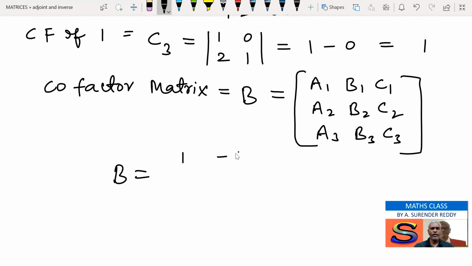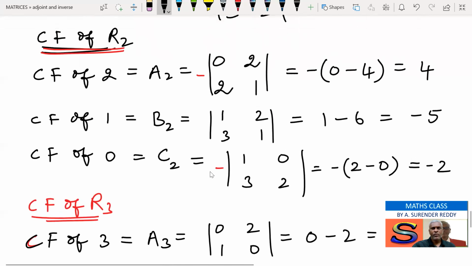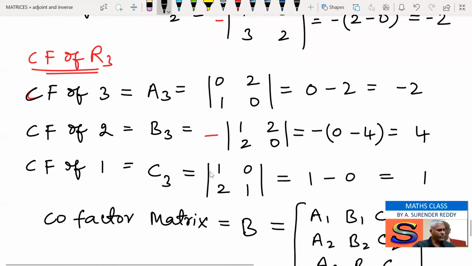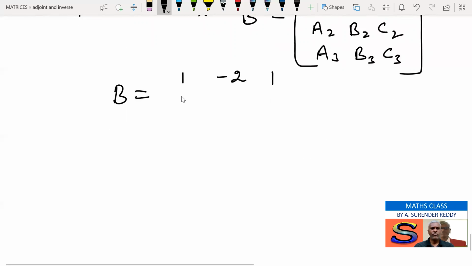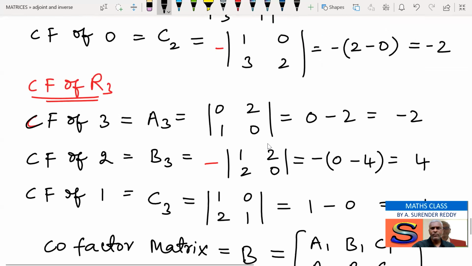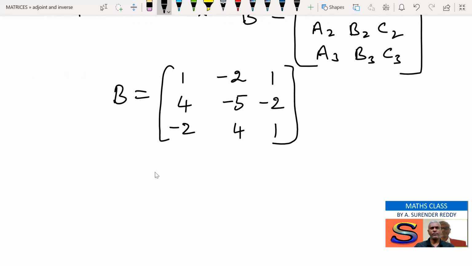Second row 4 minus 5 minus 2. Third row minus 2 4 1. So this is the cofactor matrix.